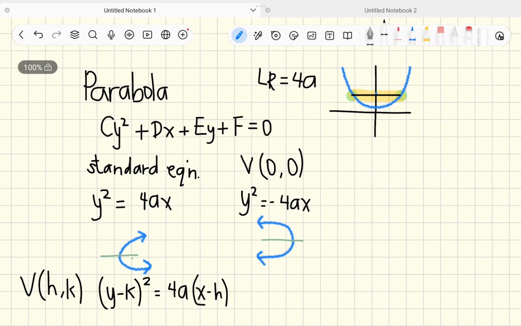And the other one, if your parabola is facing the left side, you have (y minus k) squared equals negative 4a times (x minus h). So these are the standard equations obtained if you have the general equation cy squared plus dx plus ey plus f equals 0.